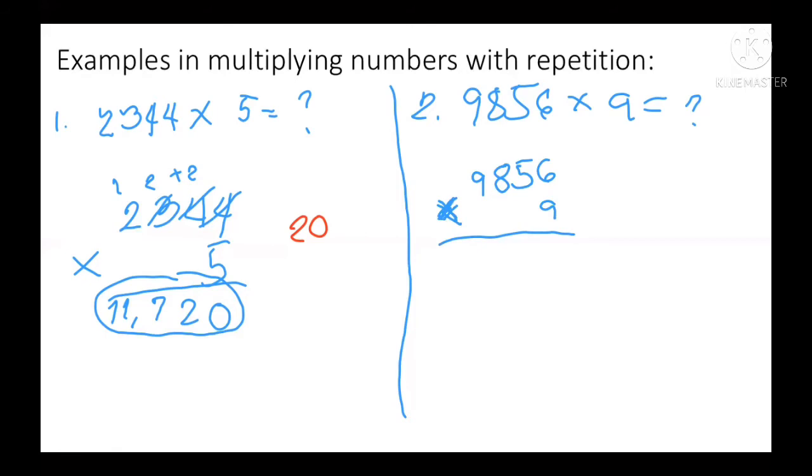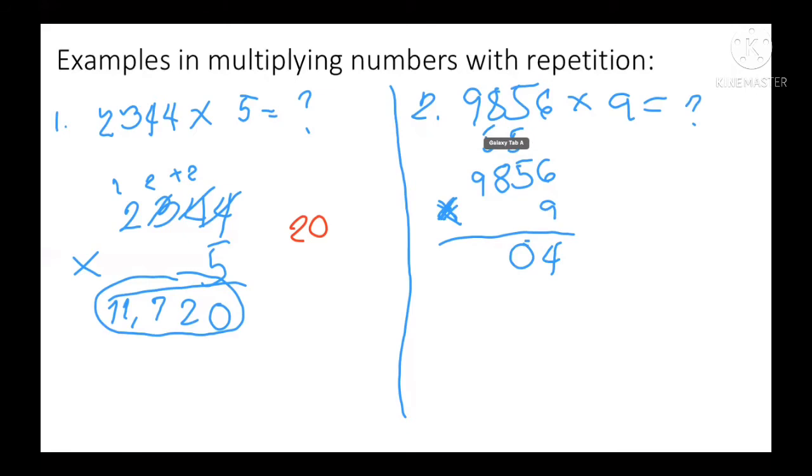Very good. 54. That means I will put the second digit here. And the first digit will be put on the top of the next number. Okay? That's 54. Next, 9 times 5 is 45, correct? 45 plus 5. That is 50. Good job. So we have 50, 0 down here, and then 5 on the top of 8.